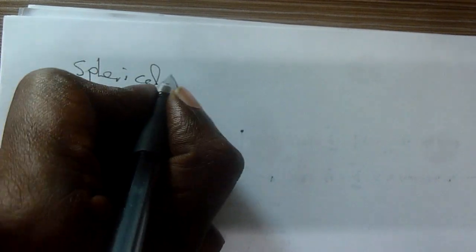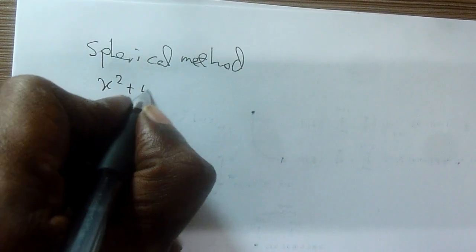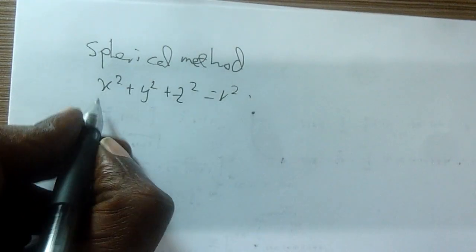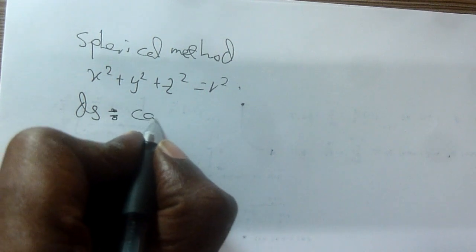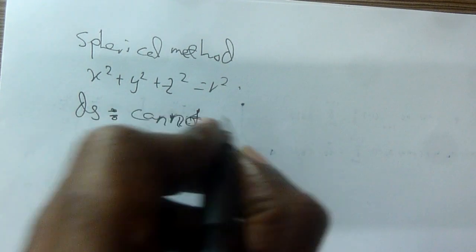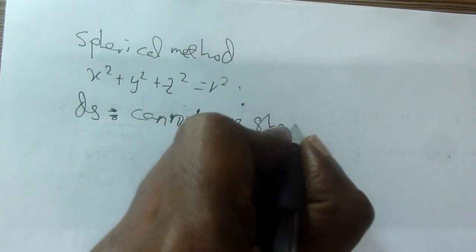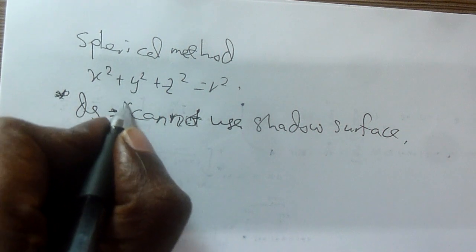For the spherical method, x² + y² + z² equals ρ². I put this method, but it cannot be used for this shadow surface. I highlight this.